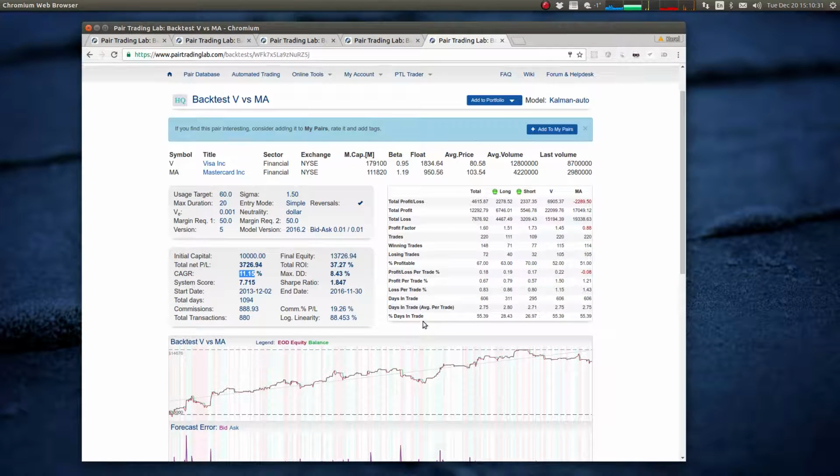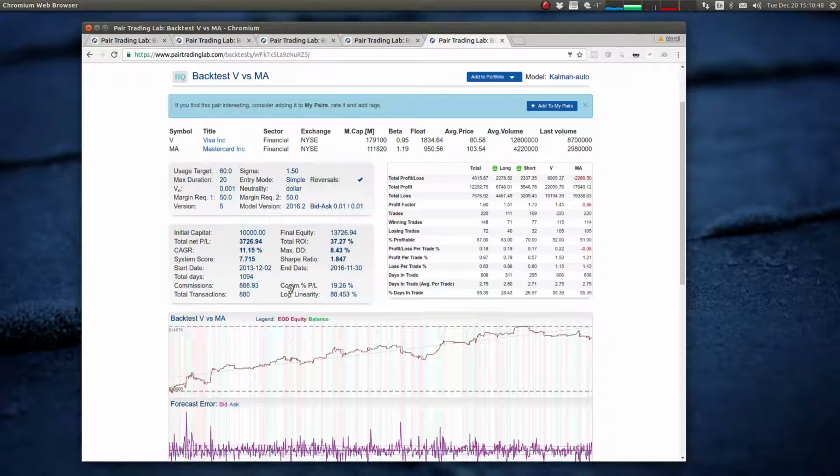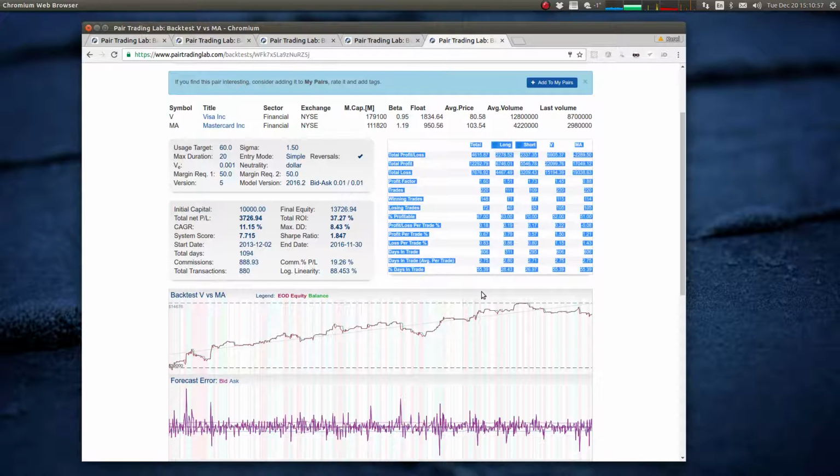And here in days in trade, you can find that this strategy spent about 55% in position in total. Yes, so you can see it kind of works. It tries to optimize the process, so it's going close to 60%. This is kind of good, I think.